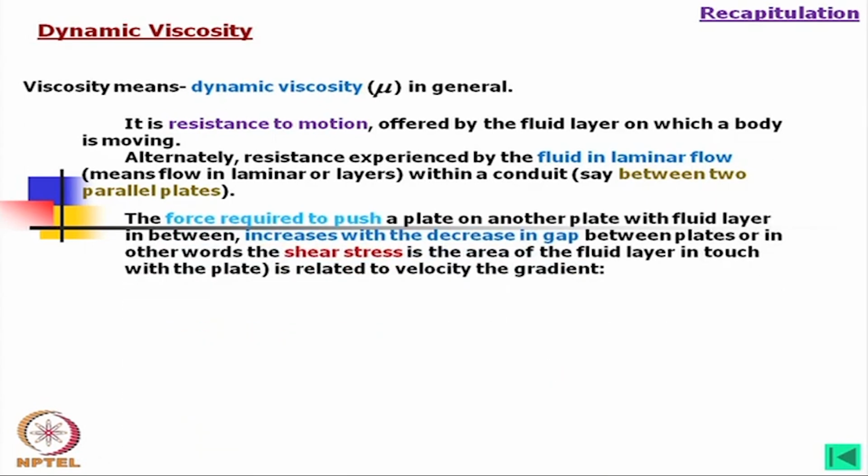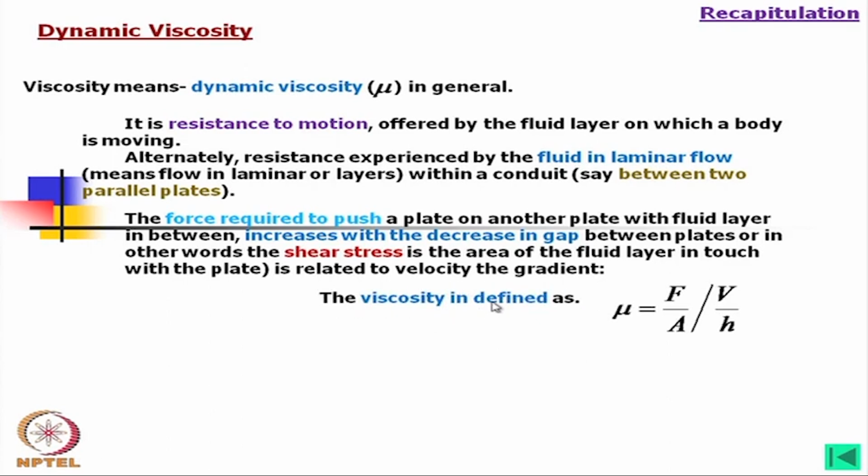The force required to push a plate on another plate with a fluid layer in between increases with the decrease in gap between plates. In other words, the shear stress on the area of the fluid layer in touch with the plate is related to the velocity gradient.